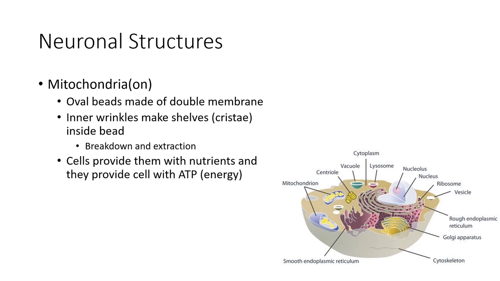Basically what happens here is that the cell itself will provide the mitochondria with nutrients, and inside the mitochondria, the breakdown and extraction of nutrients to provide the cell with energy occurs. The energy is in the form of adenosine triphosphate.